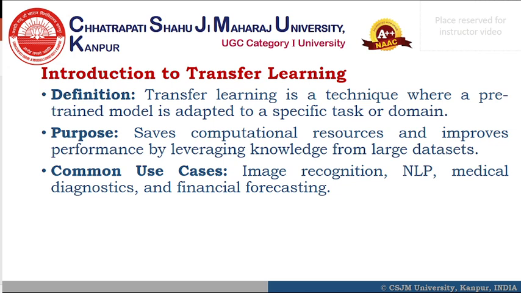So, we can say that transfer learning is a game changing AI technique that helps us build better, faster, and more efficient machine learning models by utilizing existing knowledge. Throughout this session, we will be exploring its benefits, applications, and challenges in greater detail.